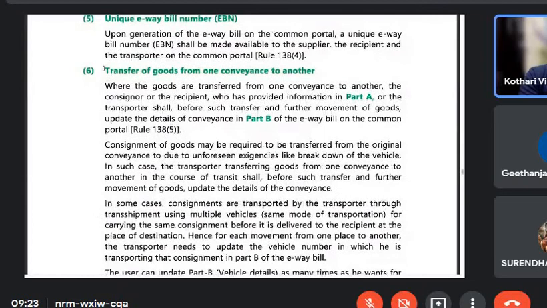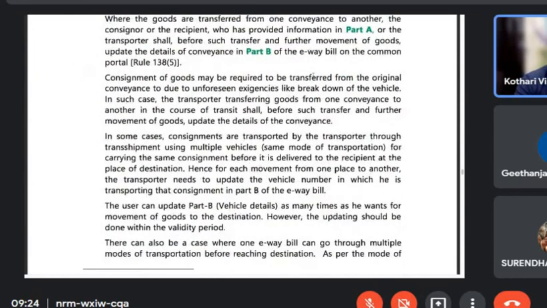What happens when the goods are transferred from one conveyance to another? A person is transporting the goods, he has generated part A, he has generated part B, in between the vehicle is broken down and he is transferring the goods from this vehicle to another vehicle. Then again he has to update the part B. Part B can be updated any number of times.